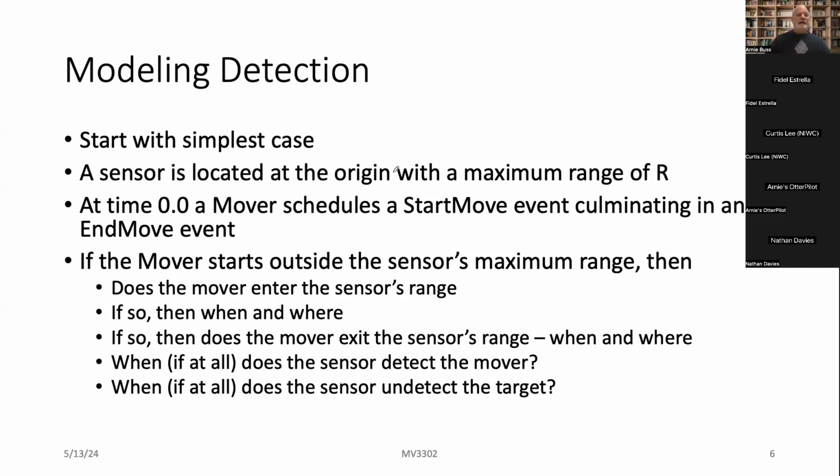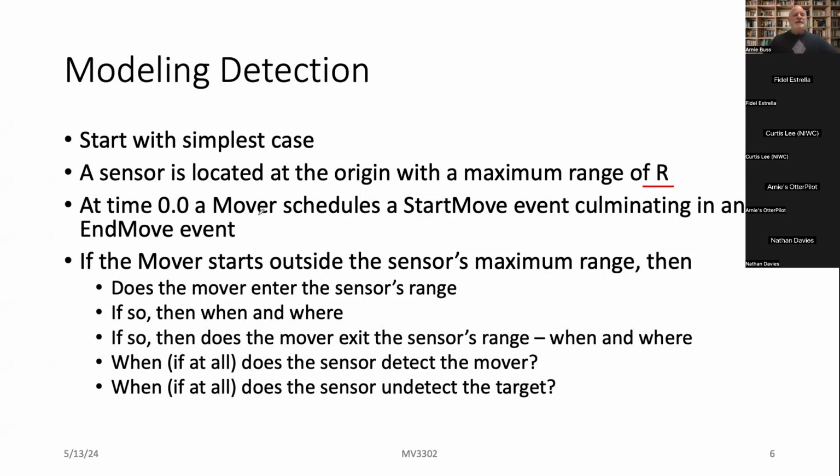Okay, let's look at the simplest possible case. We have a sensor located at the origin. It's got 360 degree vision, but we're going to give it a maximum range. What does maximum range mean? We're going to take a very simple idea of that: beyond that, I can't see anything, and inside that, I might be able to see something.